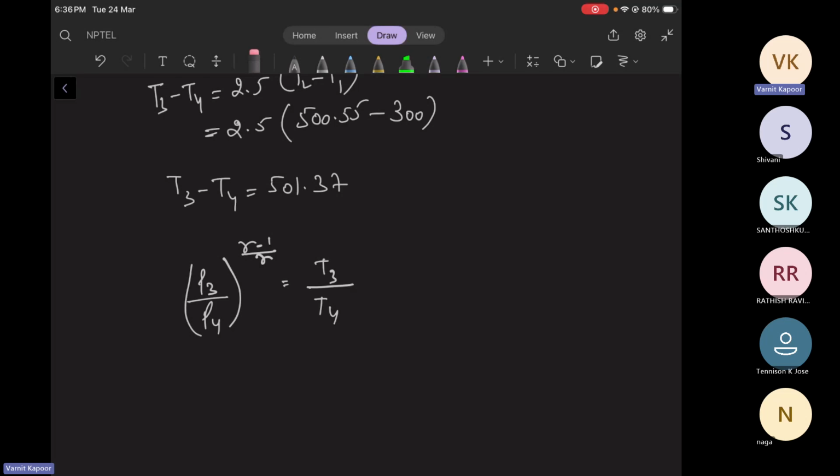P3 by P4 is again nothing but your pressure ratio. So from here you can write T3 is nothing but 1.66 times T4, and you can put this T3 here.